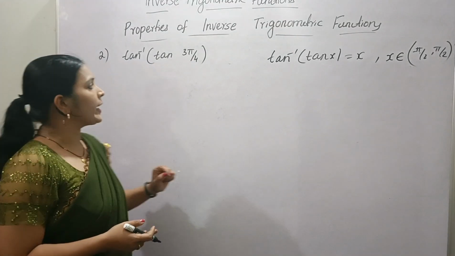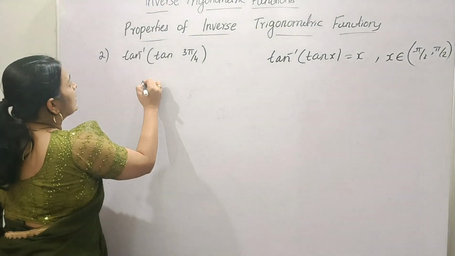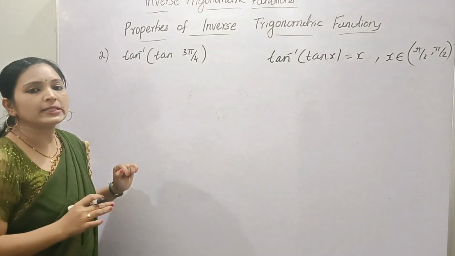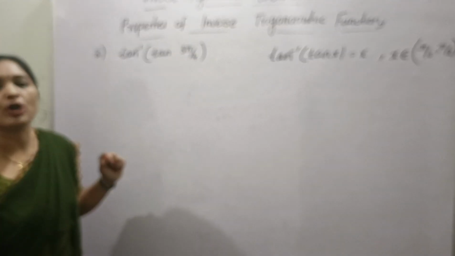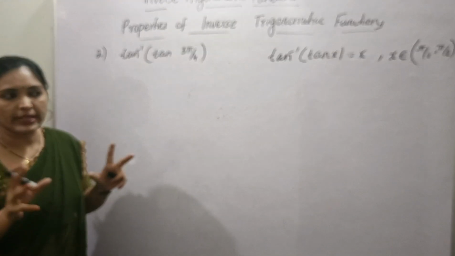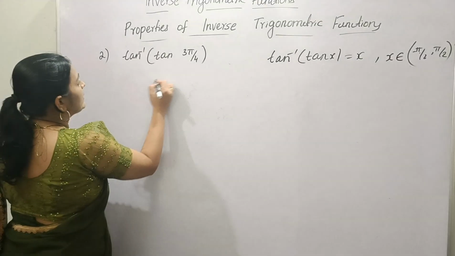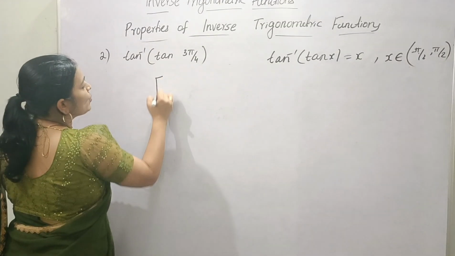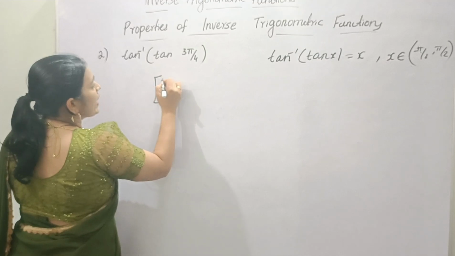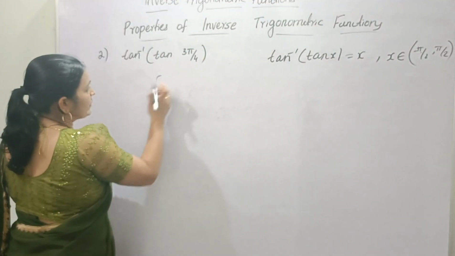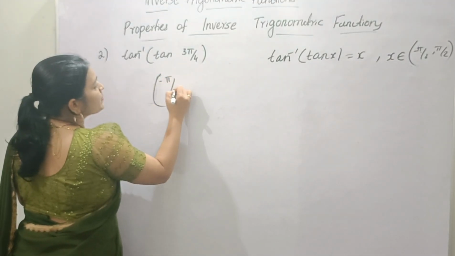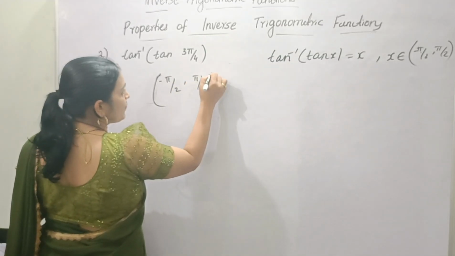For that, first of all, let us write the principal value branch of tan inverse function, that is the range of the tan inverse function. That is nothing but the open interval minus pi by 2 to pi by 2.